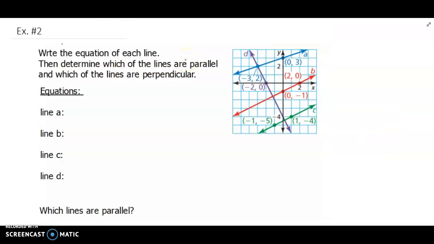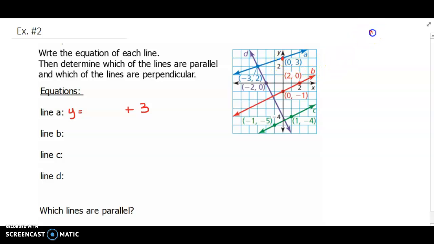All right, now let's go over A, and then I'll have you do a couple on your own, and then we'll go over some more together. So for A, I want to find the equation of the blue line up here. I know its y-intercept is at 3, so something plus 3 is going to be at the end. Now all I need to do is find the slope.